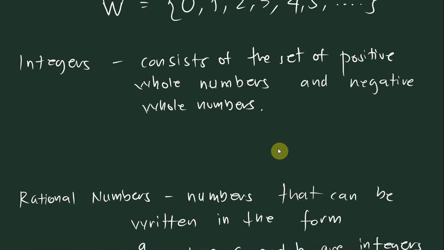So this consists of the set of positive whole numbers and negative whole numbers.